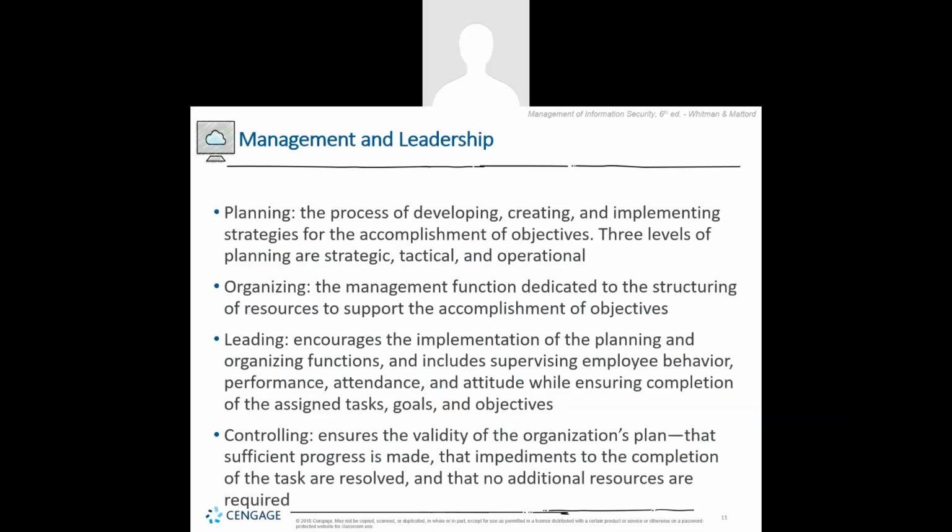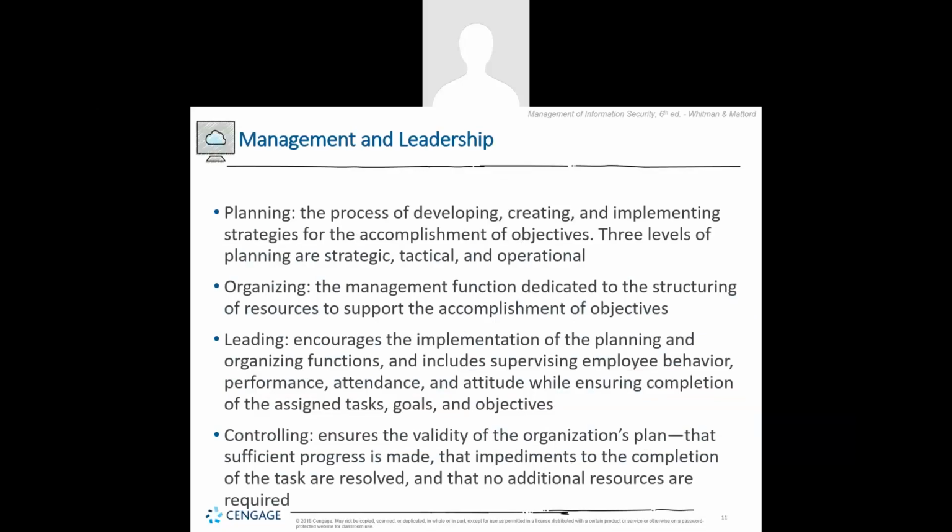Now, effective management involves planning, organizing, leading, and controlling resources to achieve the security goals. Some of the items that are part of management include planning, which is the process of developing the strategic, tactical, or operational goals. Organizing is structuring your resources effectively.